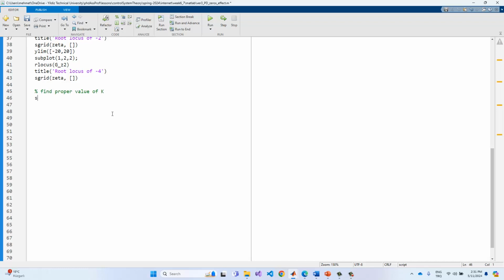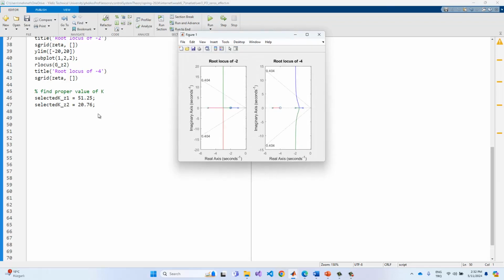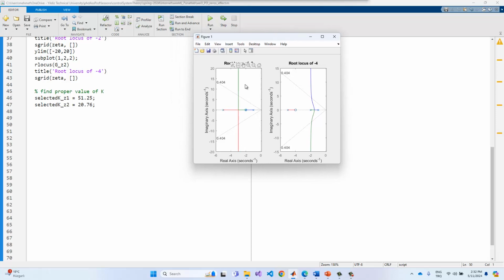Okay, and so if I choose the selected kz1 equals 51.25, and selected kz2 can be selected 20.70.60, because if we run this code, we are getting the closing values in here, just like this one.